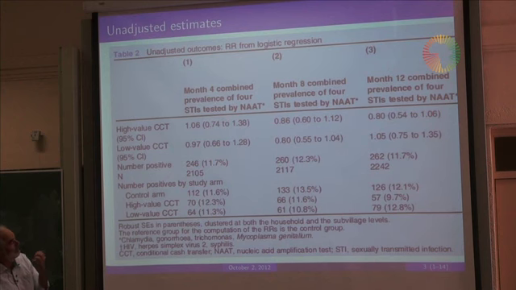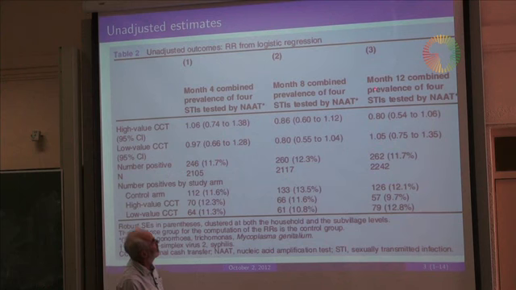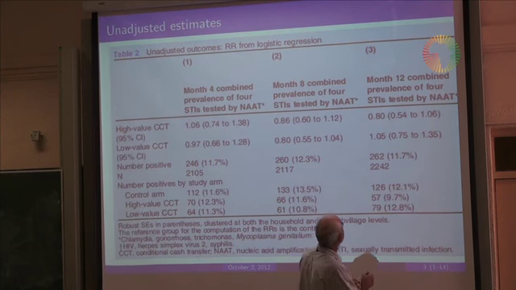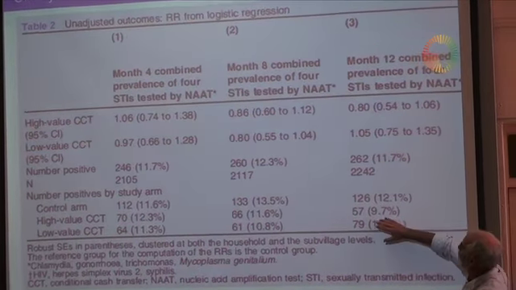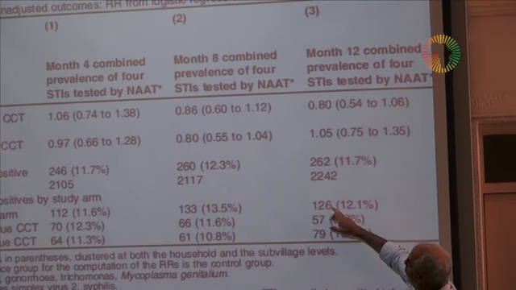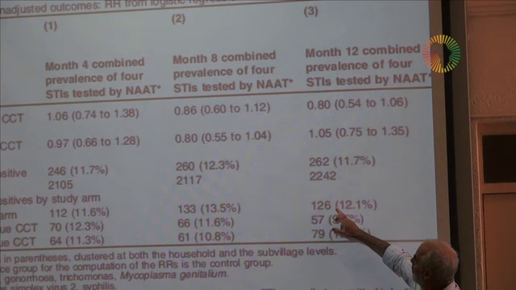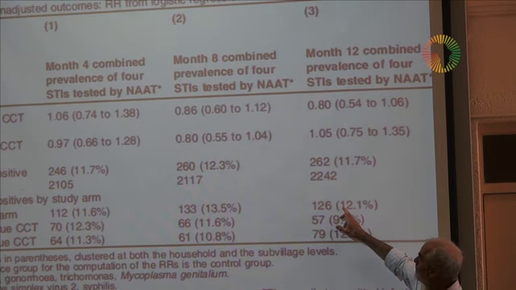They only got the money if they were negative for a set of sexually transmitted infections. The crucial thing they focus on is this number here, which shows that after 12 months, 126 people in the control arm had the infections.